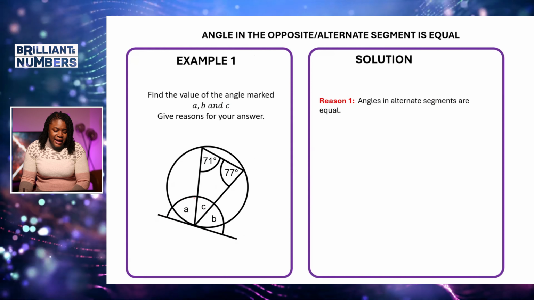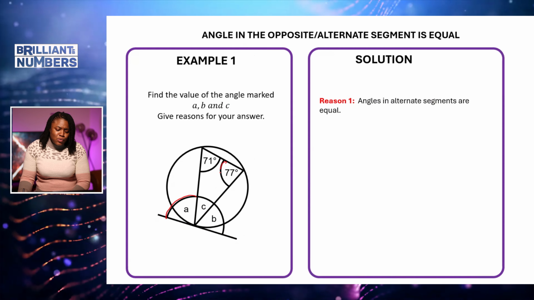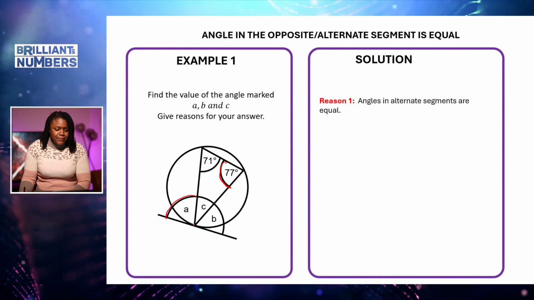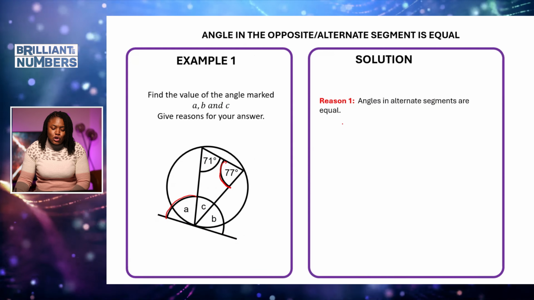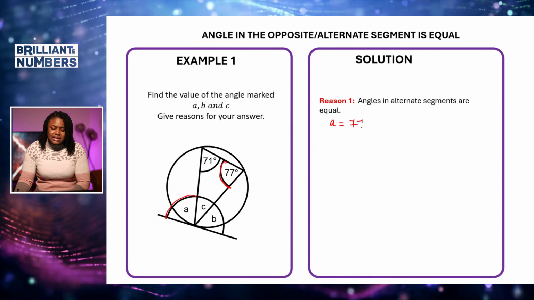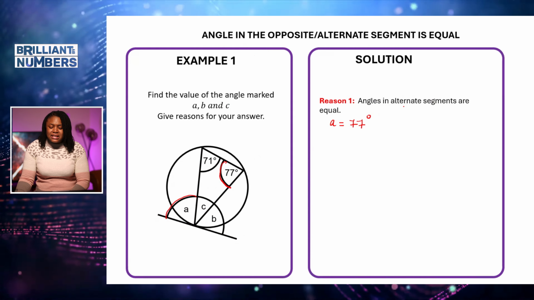So I can simply write down from the diagram the value of A and B using this theorem. I can see here from my diagram that angle A is the matching one for 77, because the angle between the chord here and the tangent will be equal to the opposite one in the triangle. So therefore we can write that A is equal to 77 degrees, and I've already written the reason here.